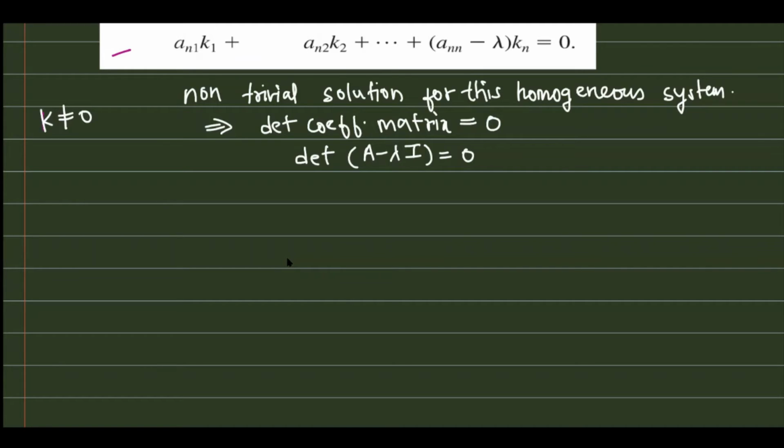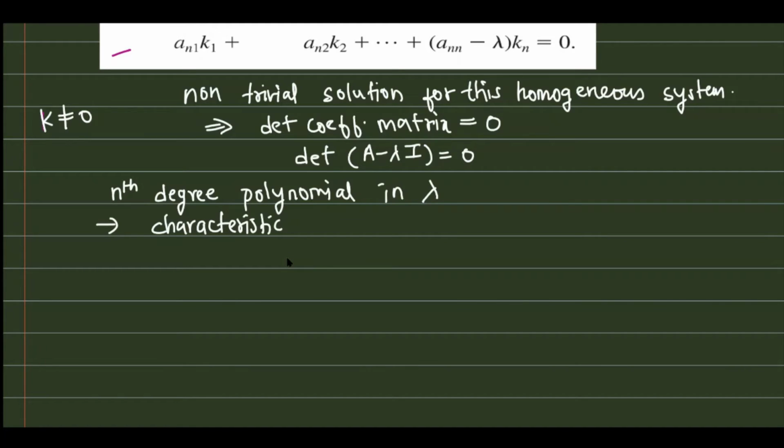Now if we expand this, we get an nth degree polynomial in lambda. And this equation is called the characteristic equation of A.